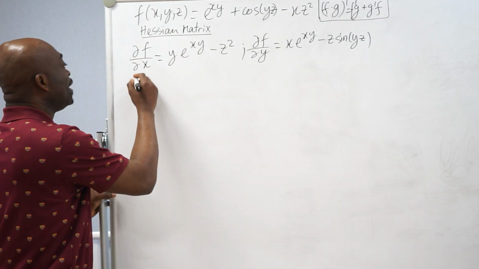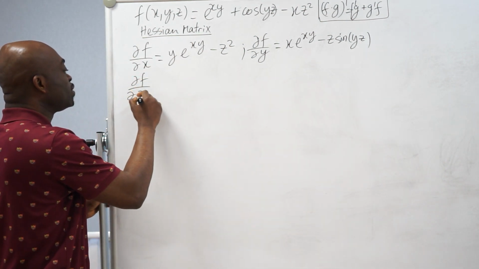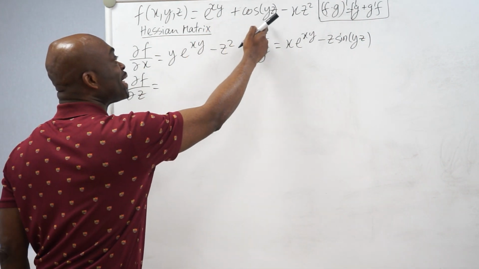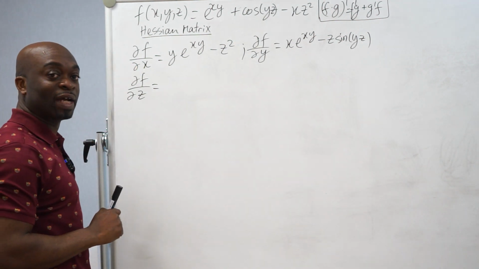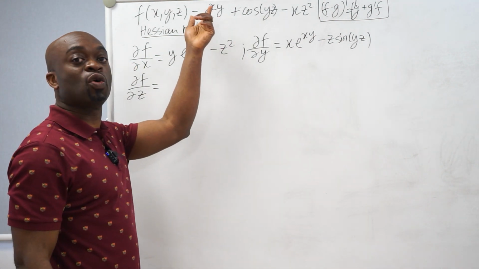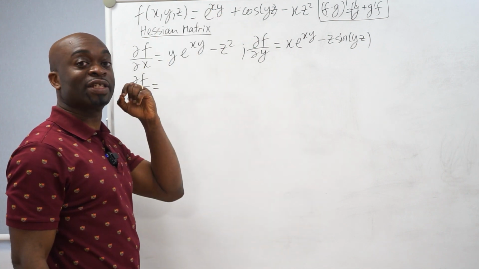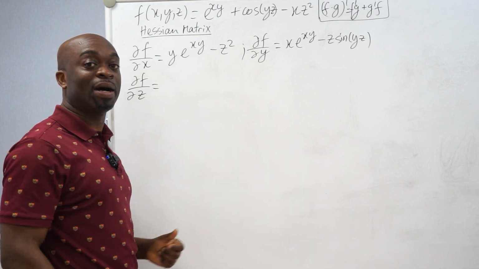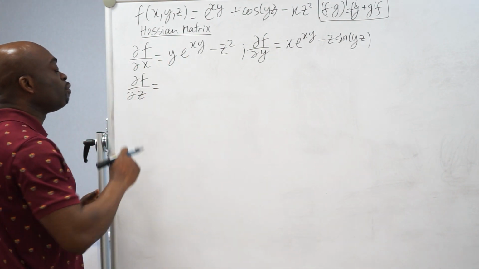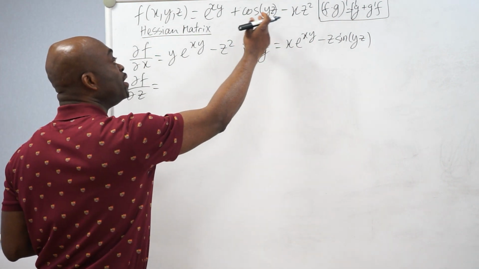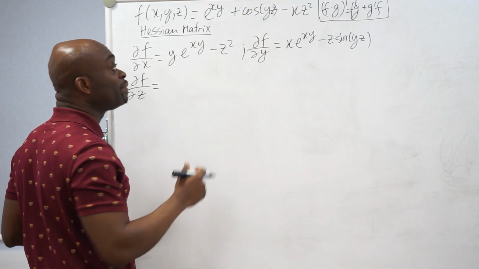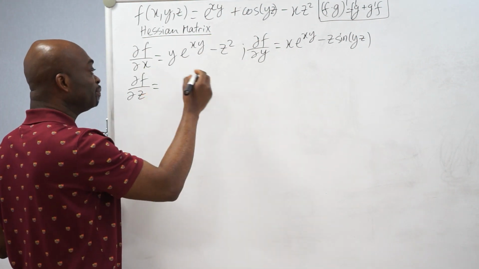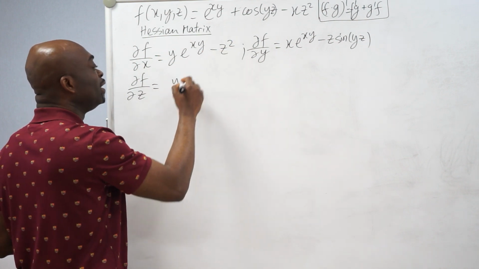All right? And then we have to do it also with respect to z. Let's not forget about that. So it's x, y, and z. With z, that's the second term and the third term. The first term is going to be 0 because we consider it a constant. The derivative of a constant is 0. That's the reason why I wasn't talking about the other ones. So with respect to z, again we have a composition of two functions, cosine and then yz. With respect to z, y is a constant, so y comes out.